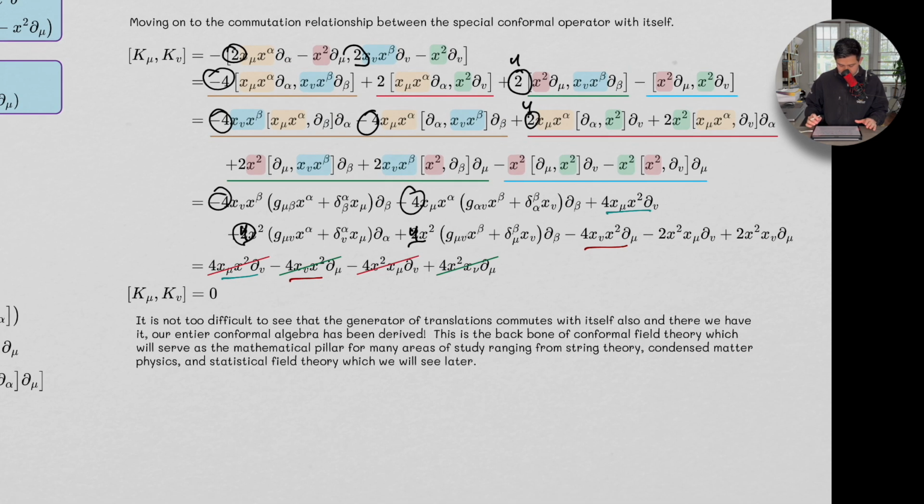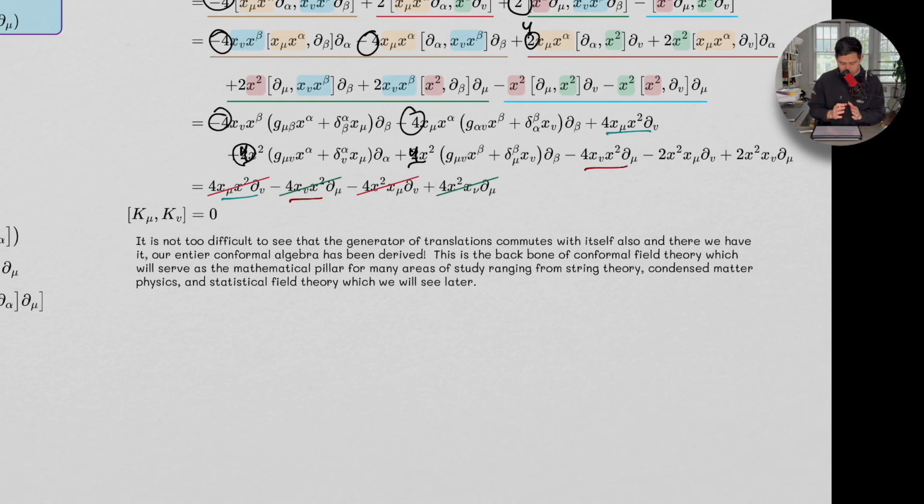This is the backbone of conformal field theory, which will serve as the mathematical pillar for many other areas of study, ranging from string theory, condensed matter physics, statistical field theory, as we're going to see later. Really, what's going to happen is that we are going to be able to see that there's this weird phenomenon in the mathematics of conformal field theory that basically says there are two sort of hidden extra dimensions to reality when you consider these conformal transformations.